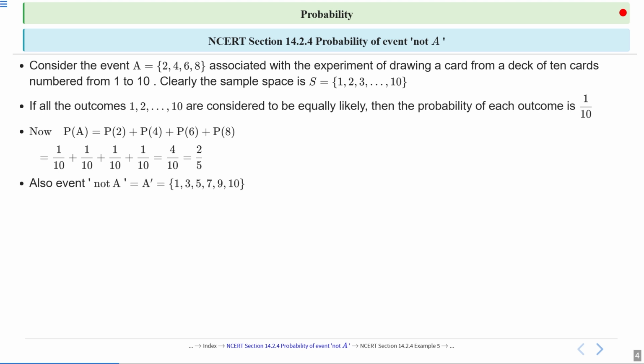Also consider the event not A. What is the not A event? The event A is 2, 4, 6, 8. Clear?